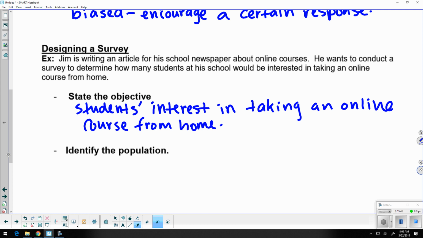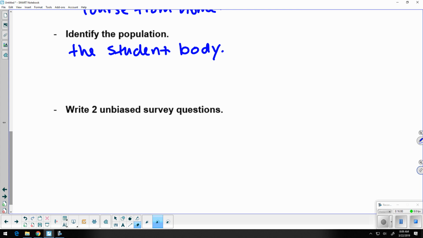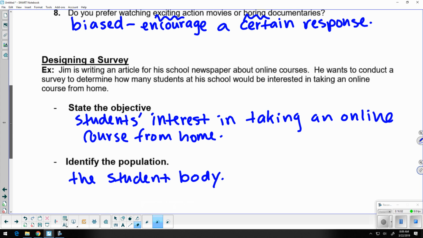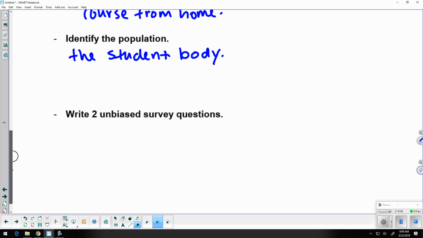Identify the population. So where is he going to choose these students from? Probably his school, right? So basically the student body. Students at a school would be his population. And then write 2 unbiased survey questions. So if he was coming up with this survey, how can he develop a couple questions that would be completely unbiased?